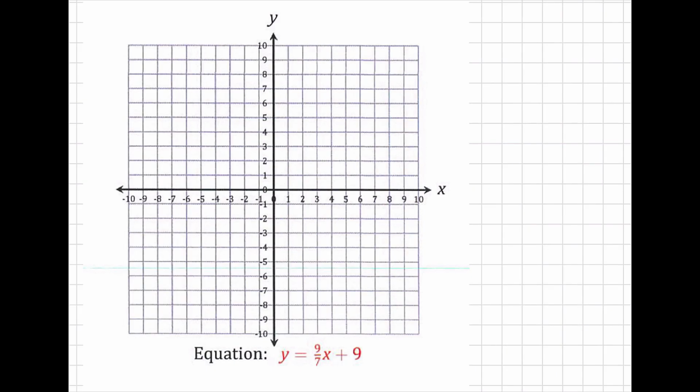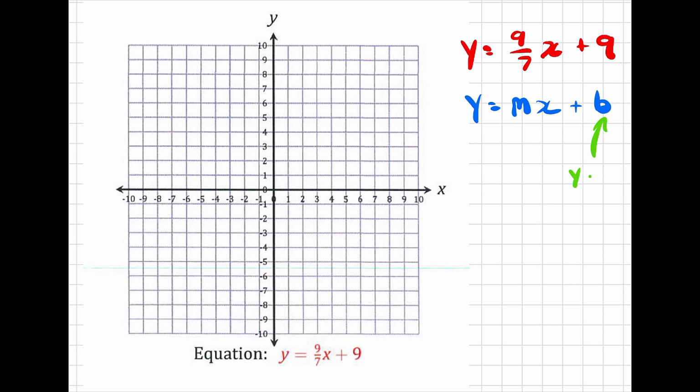Well, let's slide over to a bigger page here, a little bit more space, and you see that we have y equals 9 over 7x plus 9. The first thing we have to do is analyze the setup of this equation, which is y equals mx plus b. And what is the b?